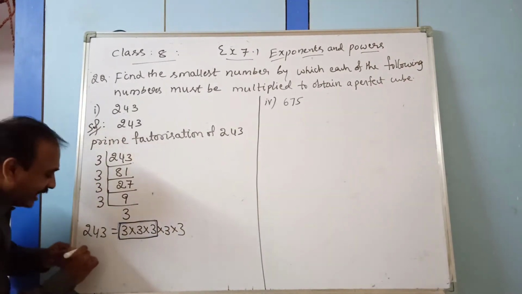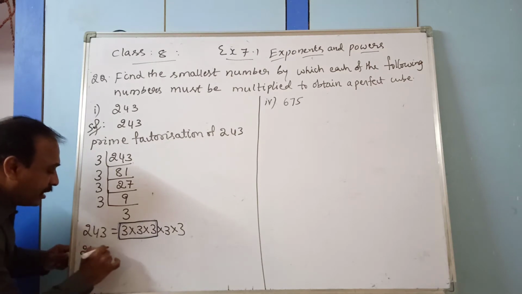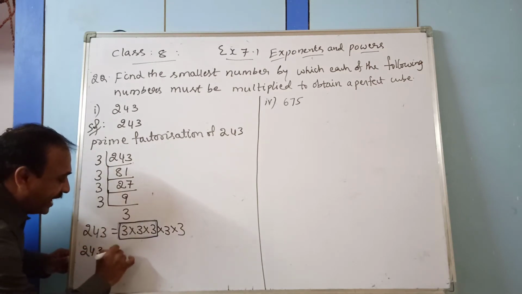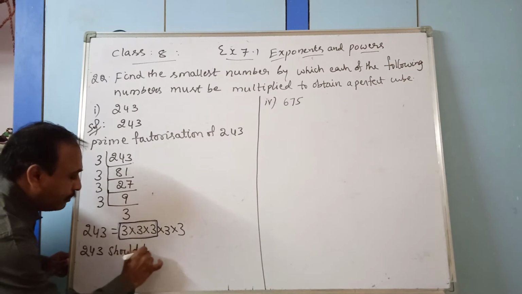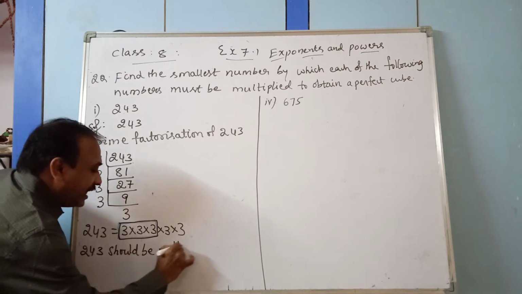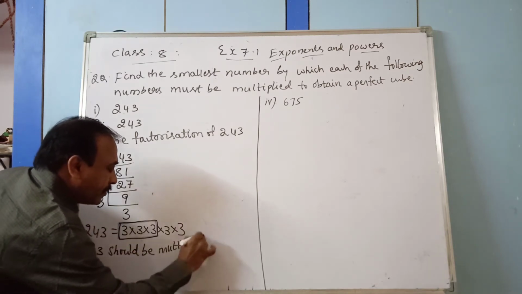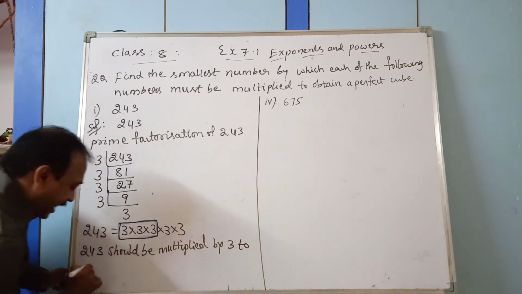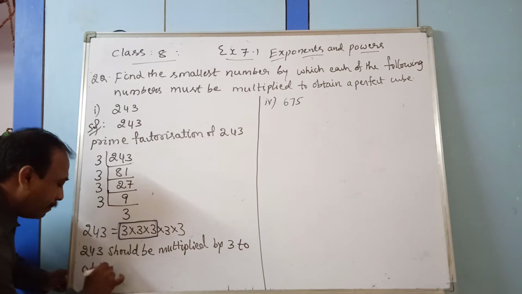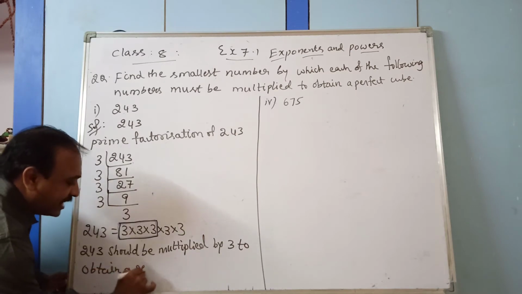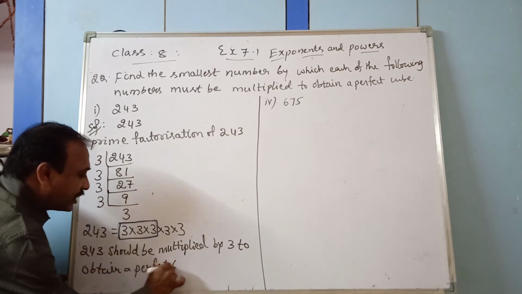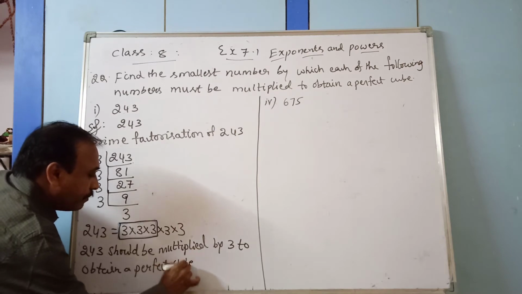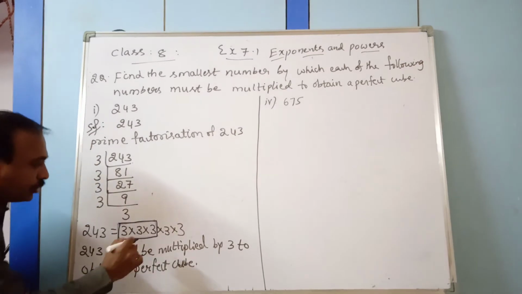So 243 should be multiplied by 3 to obtain a perfect cube.